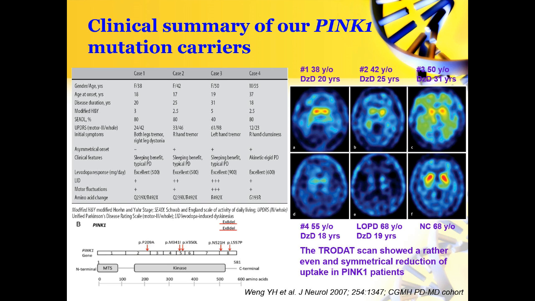The clinical features of our 4 patients with PINK1 mutations showed that PINK1 patients had a typical phenotype with juvenile onset, benign course, and frequent dyskinesias. The dopamine transporter image demonstrated a rather even and symmetrical reduction of uptake in the basal ganglia.